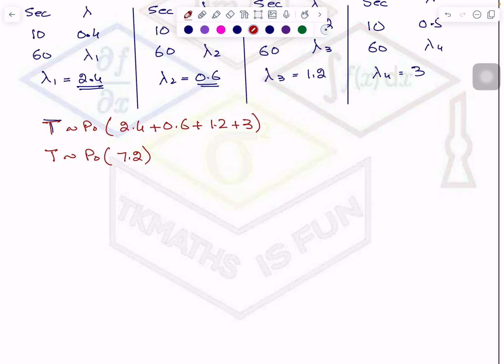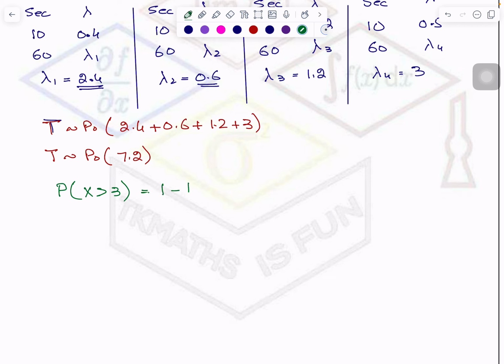So now coming back to the question, it was the probability of X greater than 3. In Poisson distribution we cannot find it directly for greater than because there is no end limit. So in the cases of greater than, we always do subtraction from 1.